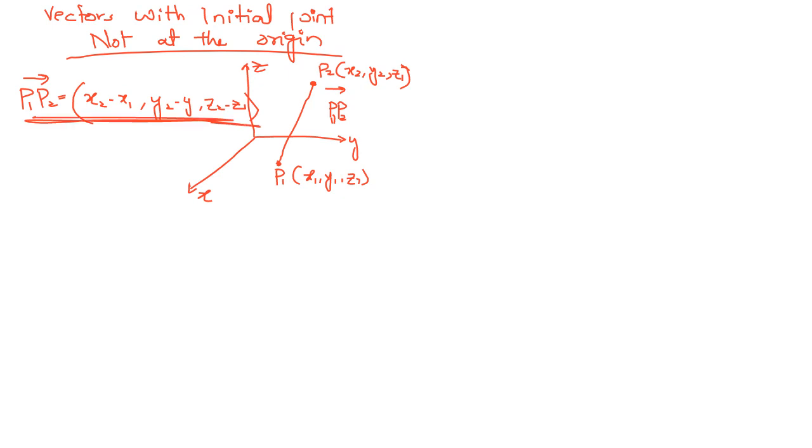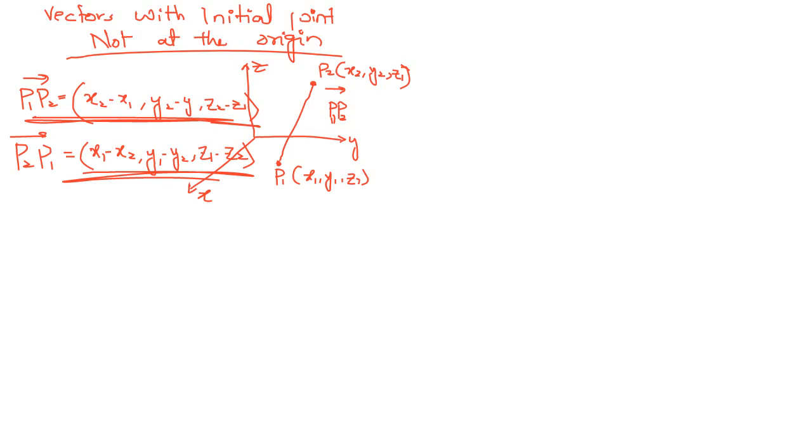If you want to find the P2P1 vector, that is x1 minus x2, y1 minus y2, and z1 minus z2. So you can easily find a vector from this definition.